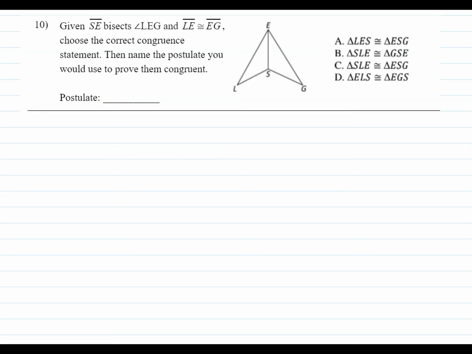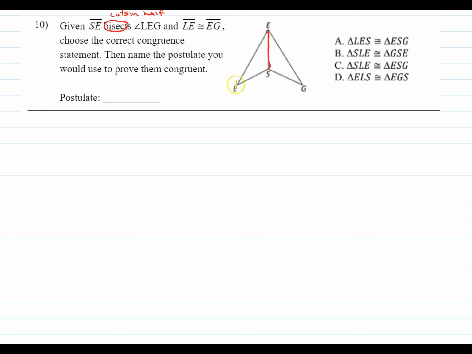Given side SE bisects angle LEG and side LE is congruent to side EG, choose the correct congruent statement. Then name the postulate you would use to prove them congruent. Let's break this down. Bisects means cuts in half. So side SE cuts in half angle LEG.